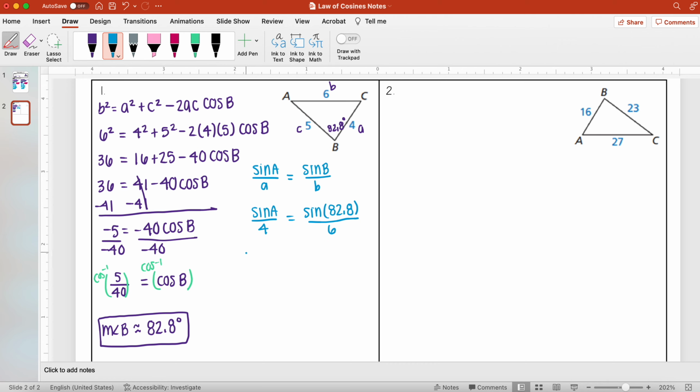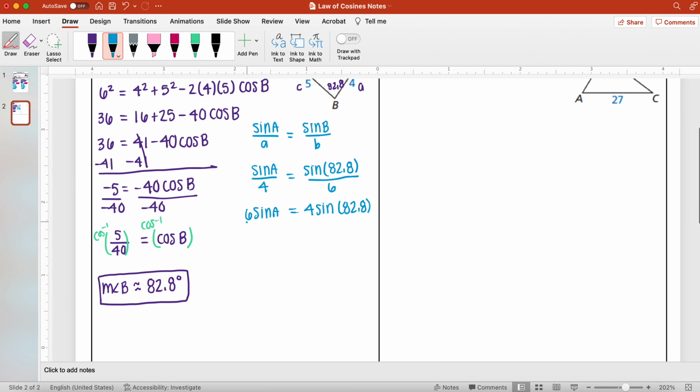When I cross multiply, I get 6 sine of A is equal to 4 sine of 82.8. Divide both sides by 6. And I get sine of A is equal to 4 sine of 82.8 divided by 6.